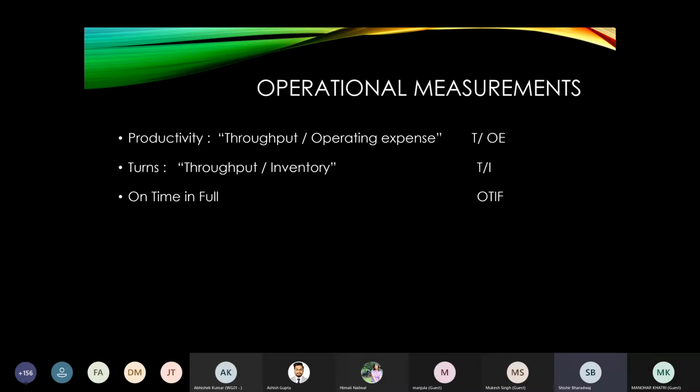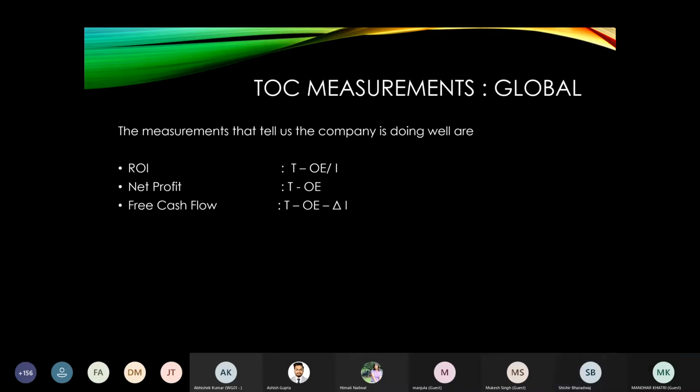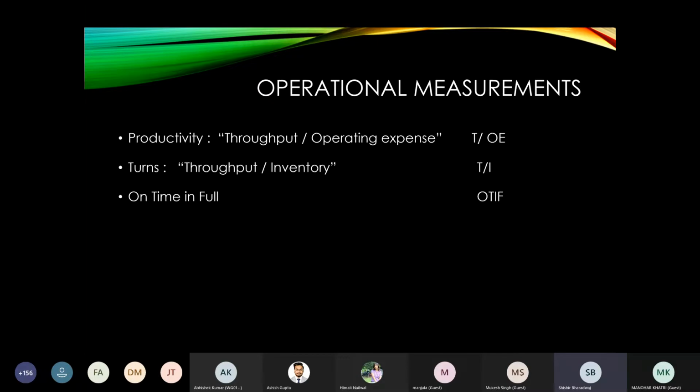Because you're measuring throughput, operating expense, and inventory in the global measurements to find out the overall company performance. The same T, OE, and I can be used to run your day-to-day performance. How much inventory did you buy? How much did you sell? Naturally, inventory turns are going to go up. And you can do these measurements every month.